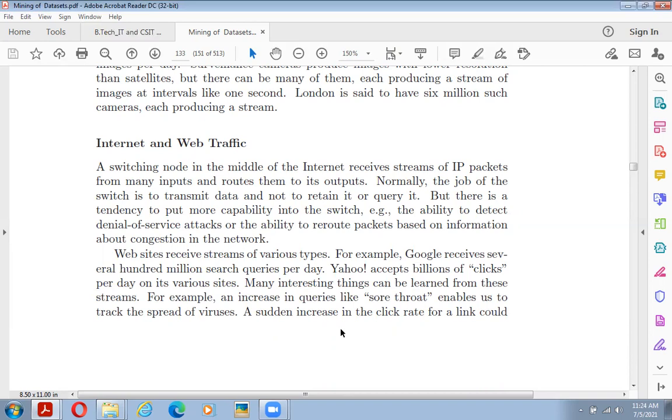What this particular part is saying is that we have a network, and in the network we have a switch. A switch is basically used for switching the data from one place to another. But we think to put more abilities in that.